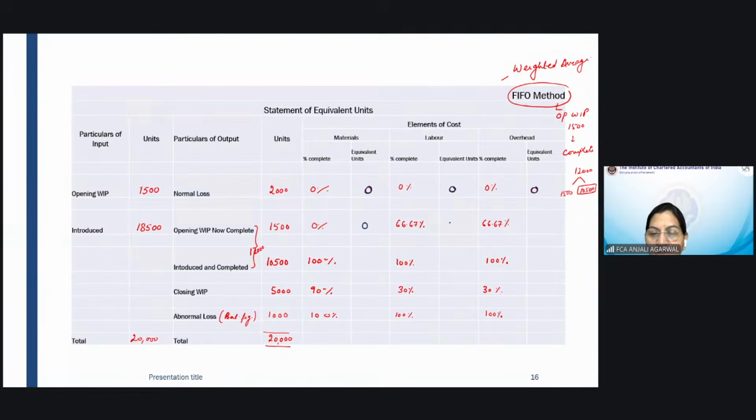Rounding may be required because technically it is 66.666667. So I'll take it as 2/3. 1,500 into 2/3 is 1,000. 10,500 into 100% is 10,500.